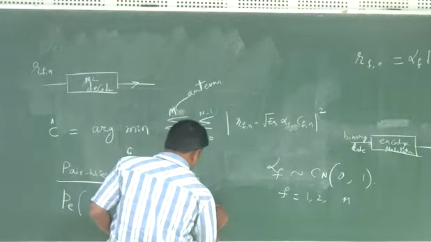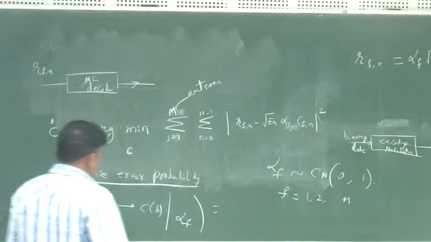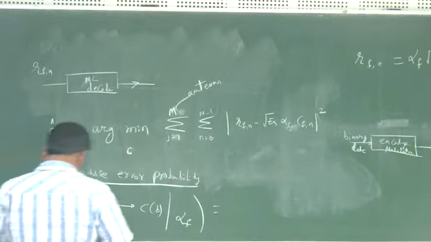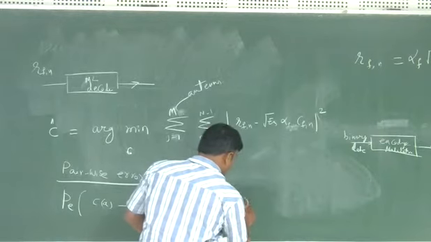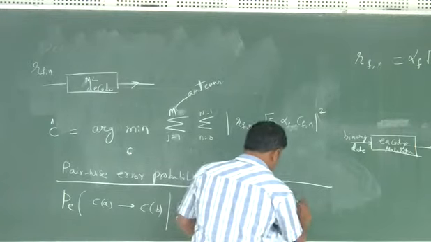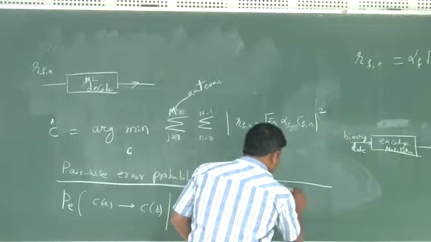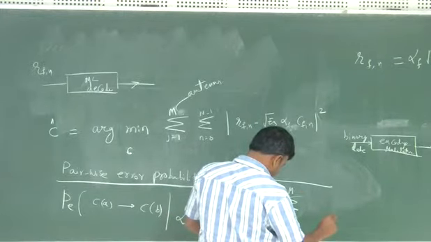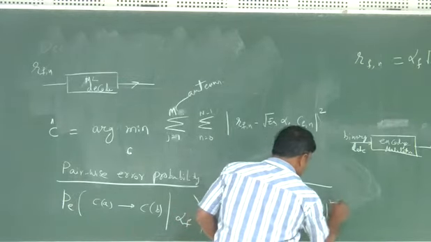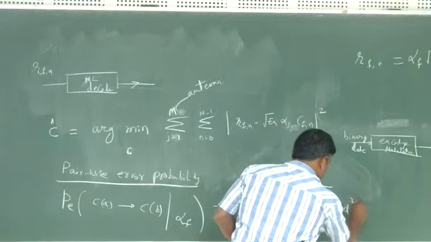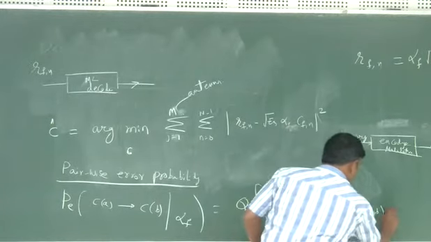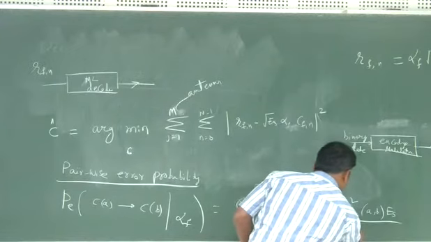Okay, that is equal to the Q function of the square root of the summation over f equal to 1 to M of alpha f squared times d squared f(A,B) times Es divided by 2 N naught.